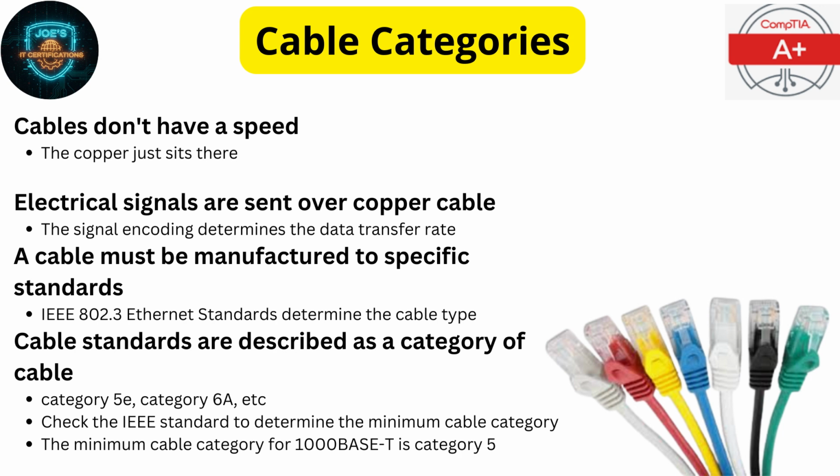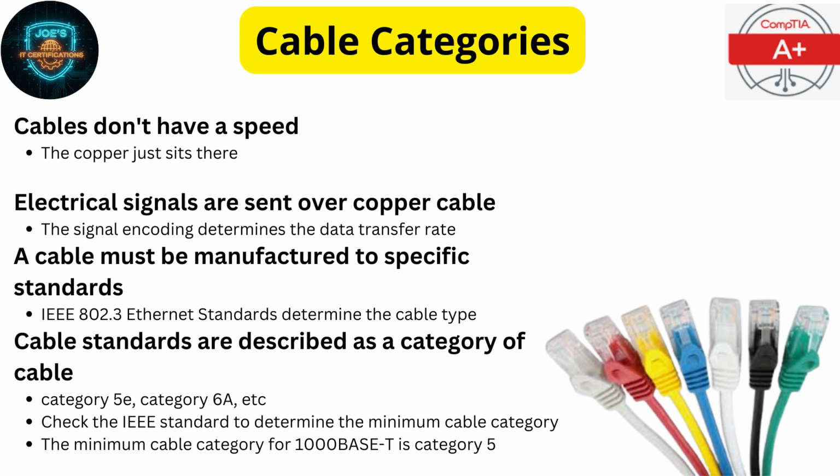For example, if you're using gigabit Ethernet on your network, then you're probably using the 1000BASE-T standard that IEEE has created. And they've put into their standards document that if you plan to run 1000BASE-T as your Ethernet standard, you need to use a minimum of Category 5 cable.